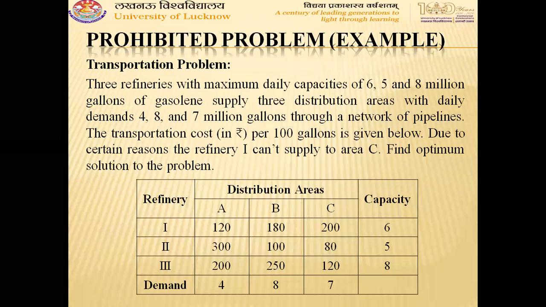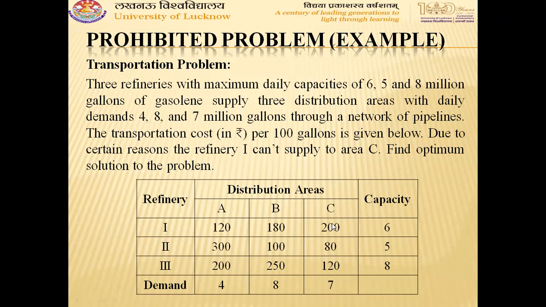The transportation cost in rupees per 100 gallons is given below. Due to certain reasons, refinery 1 cannot supply to area C. Find the optimum solution to the problem. So here you can see it is mentioned, due to some reason refinery 1 cannot supply to area C. That is, this supply cannot be made.